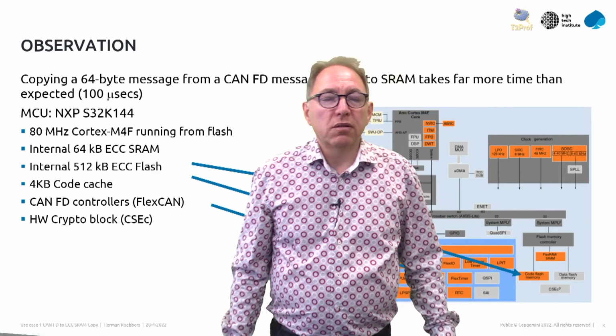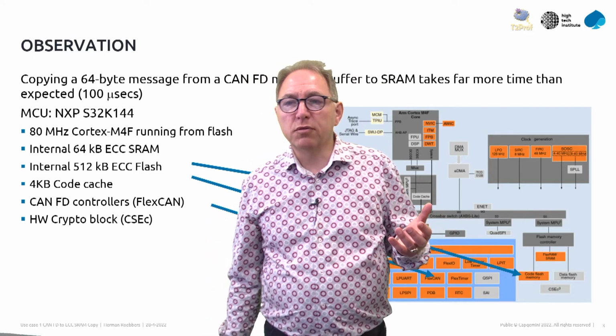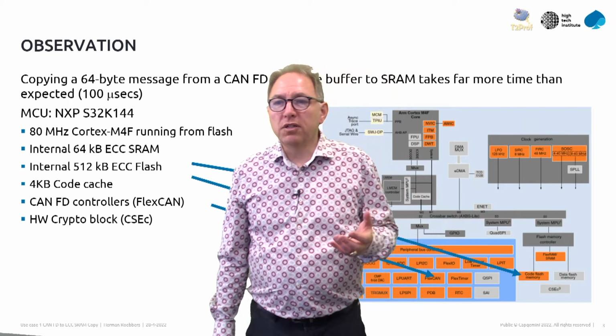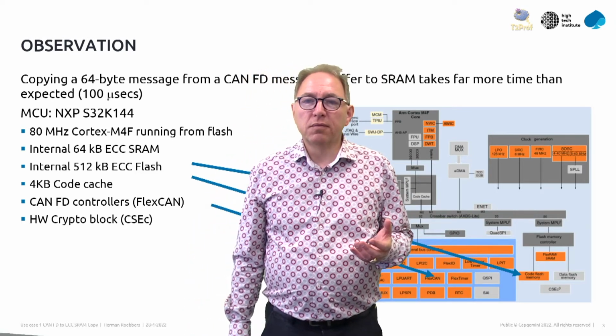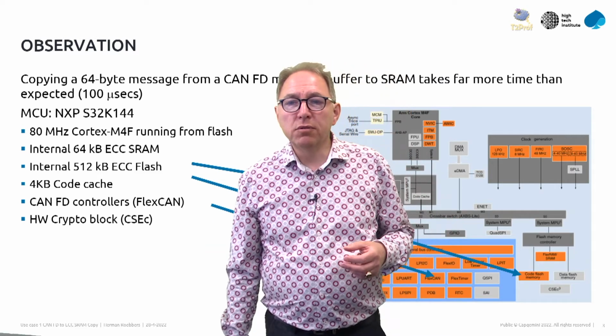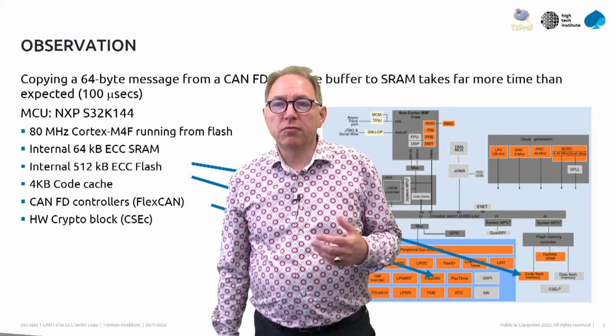What we are actually trying to do is copy a 64-byte message from a CAN flexible data rate controller to internal SRAM, which takes far more time than expected. We have an NXP automotive MCU, an 80 MHz Cortex-M4F running from flash.